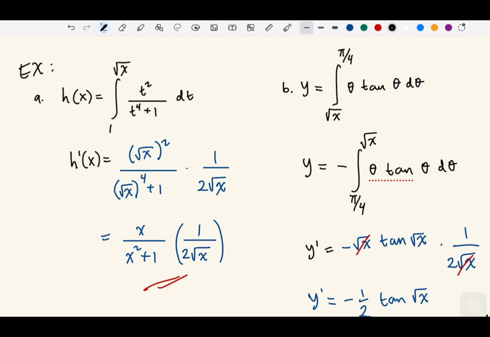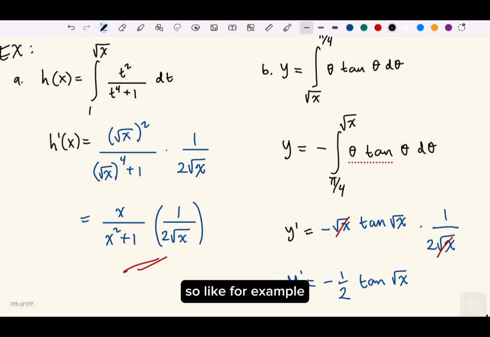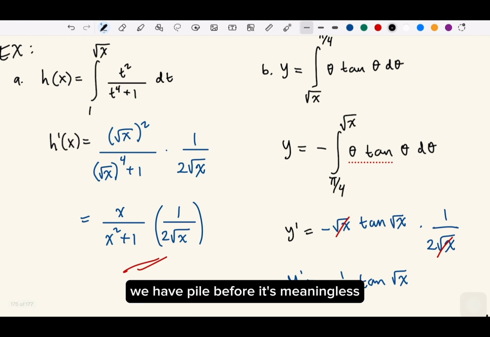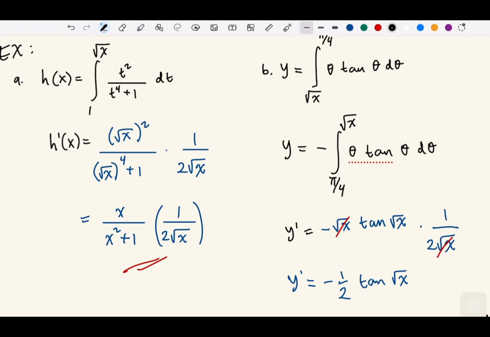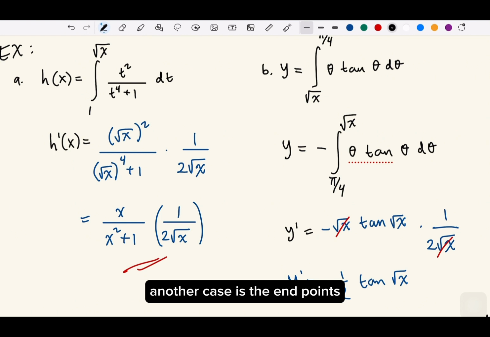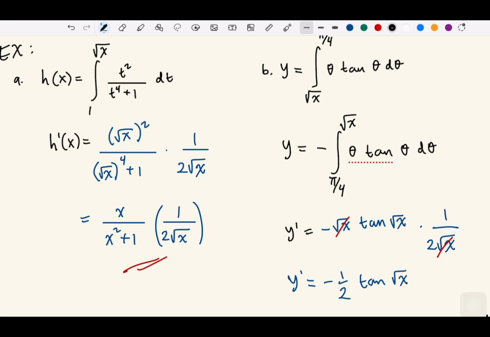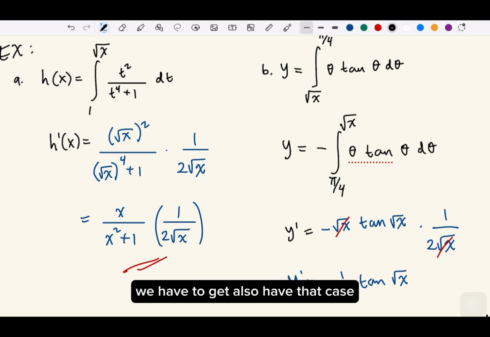So for example, we have pi over 4. It's meaningless here because it will get cancelled at the end. Now another case is the endpoints are from a function to a function. We can also have that case.